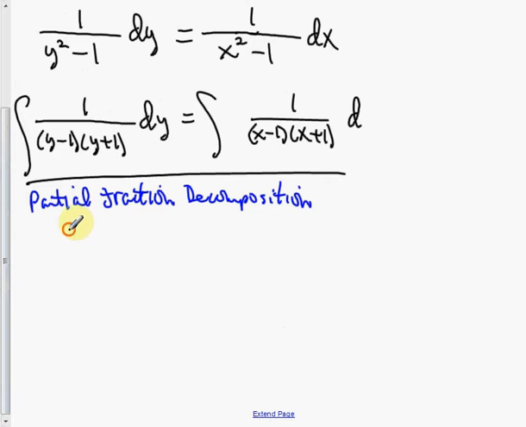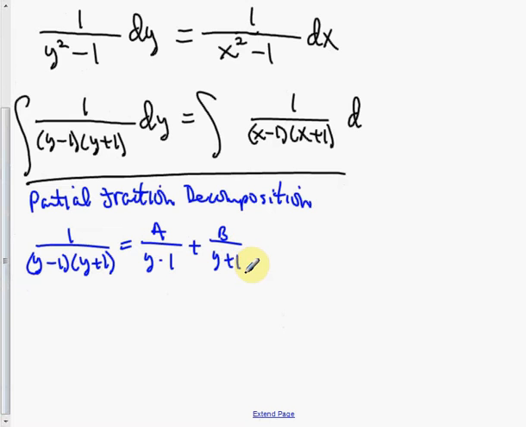So for that left side, we have 1 over y minus 1 times y plus 1. We set that equal to some constant a over y minus 1 plus some other generic constant b over y plus 1. It's a very similar setup on the right side with x.